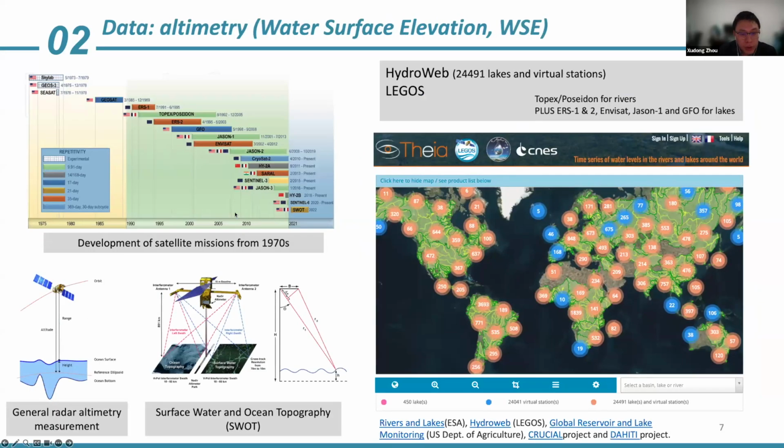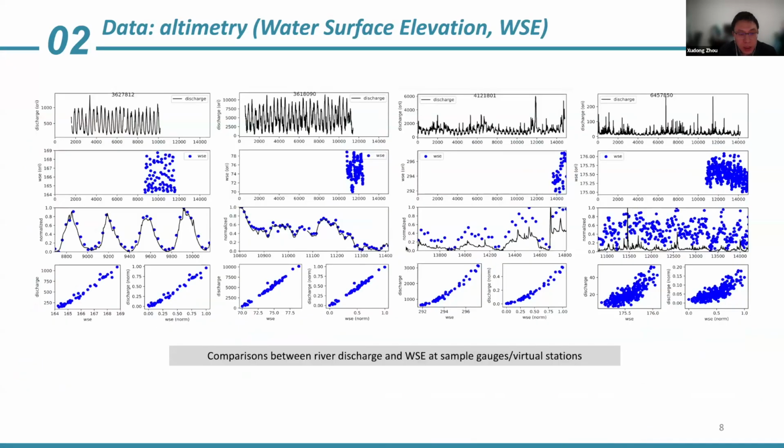So for the data, we included the altimetry data, which is developed from HydroWeb. We can see from this graph that the HydroWeb water level data is distributed all over the world, and the space coverage is much more than the river discharge. And we can take a snapshot of the water level to see how this can be used for model validation.